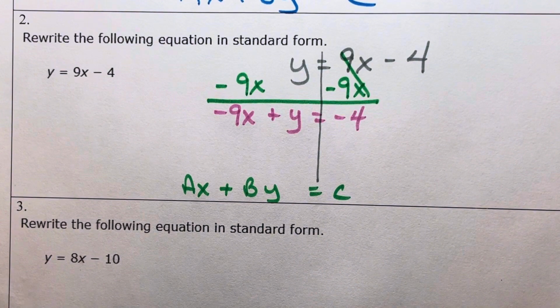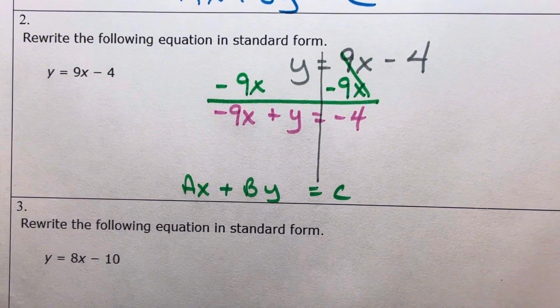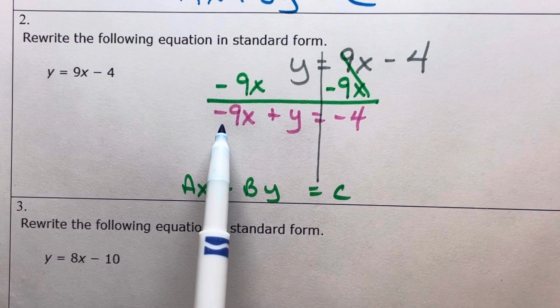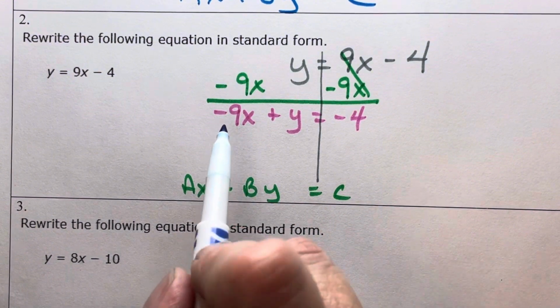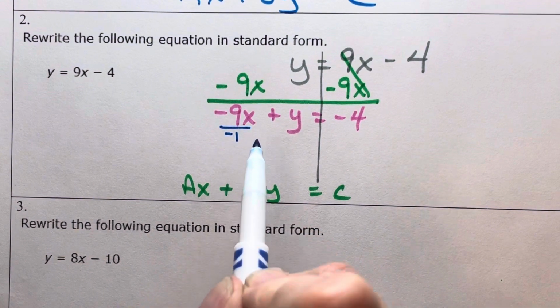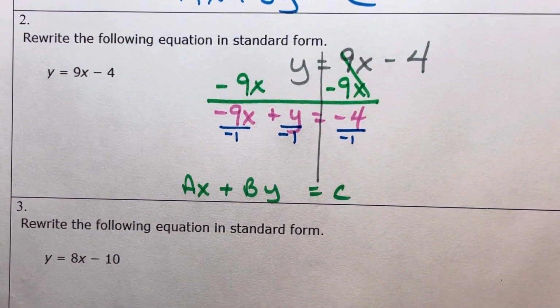Okay, rule number 1 has been met. X is first. Great. But rule number 2 is still being violated. This x is not positive. So we have to make it positive. To do that, you're going to divide every term by a negative 1. That's all you need to use is a negative 1. The 9 itself, the absolute value of negative 9, is fine.